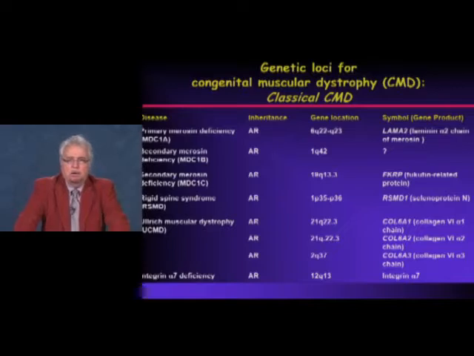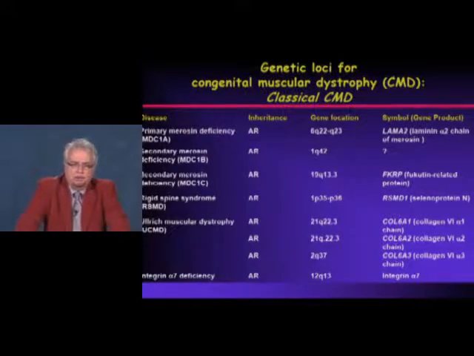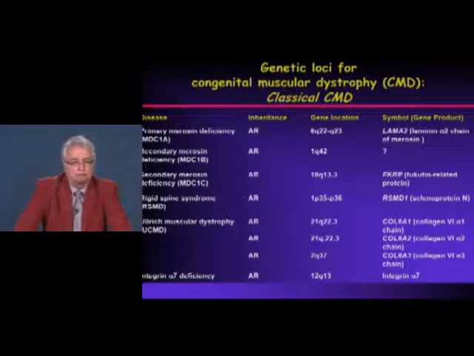The group of congenital muscular dystrophies, the classic group without structural CNS anomalies, is quite long. I have to say that this is somewhat a simplistic classification, because even some of these patients have been found to have structural CNS anomalies on MRI.